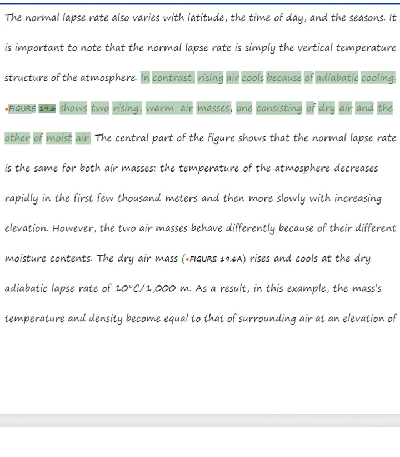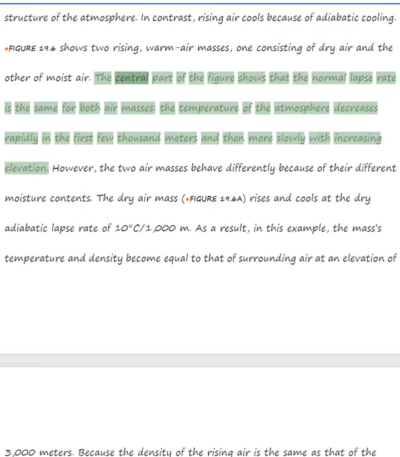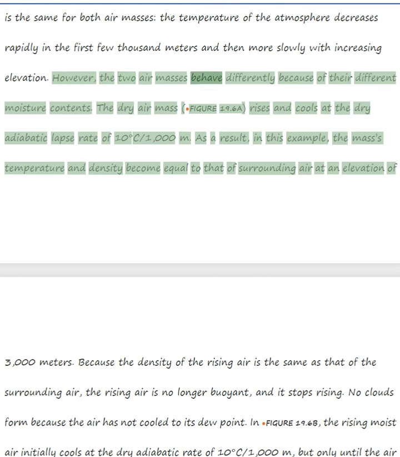Figure 19.6 shows two rising, warm air masses, one consisting of dry air and the other of moist air. The central part of the figure shows that the normal lapse rate is the same for both air masses. The temperature of the atmosphere decreases rapidly in the first few thousand meters and then more slowly with increasing elevation. However, the two air masses behave differently because of their different moisture contents.